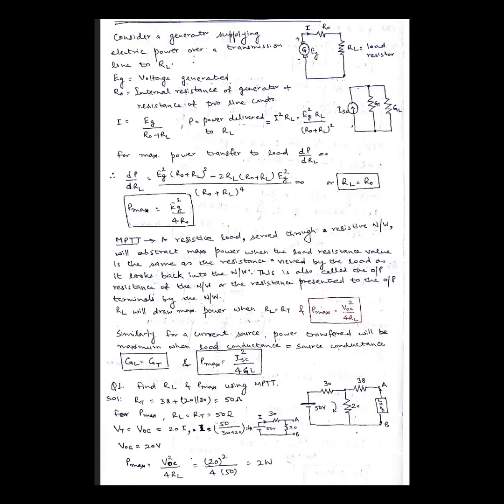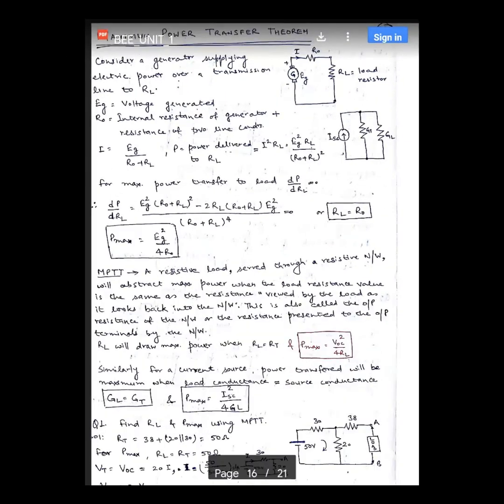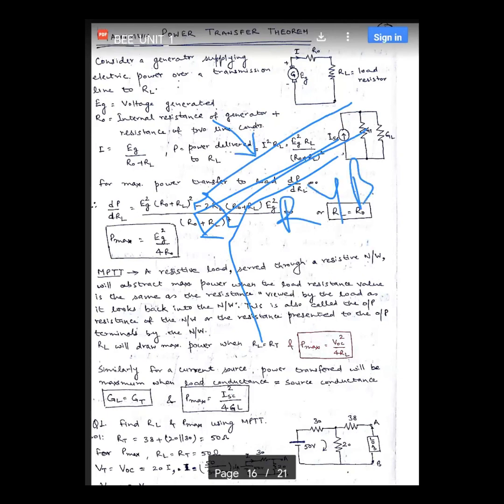At present, what you are likely to see are the transmission towers. These transmission towers supply three-phase power. This is the earth wire, and these are the R, Y, B three phases.